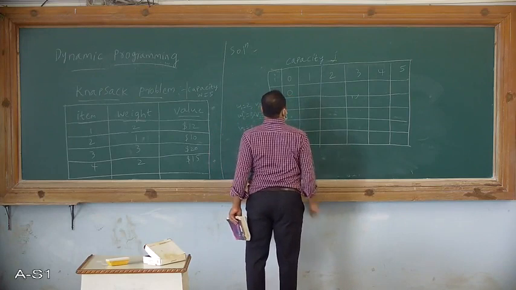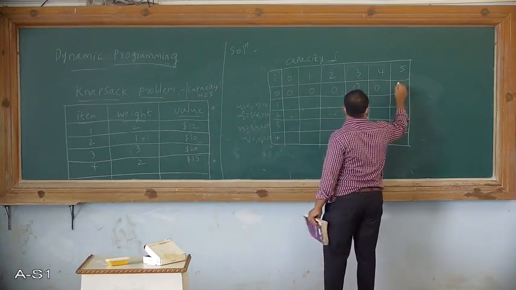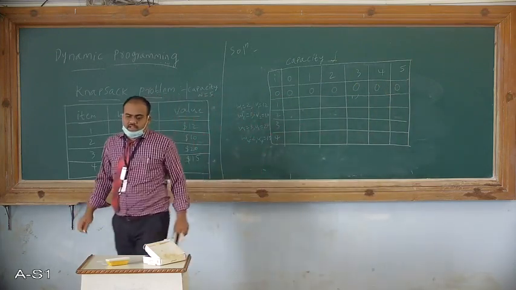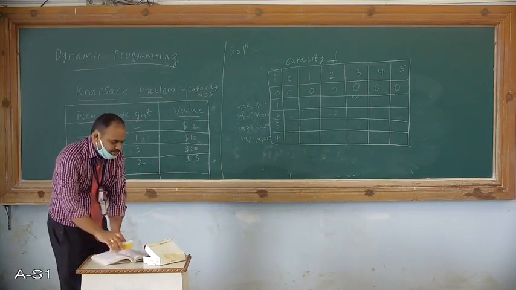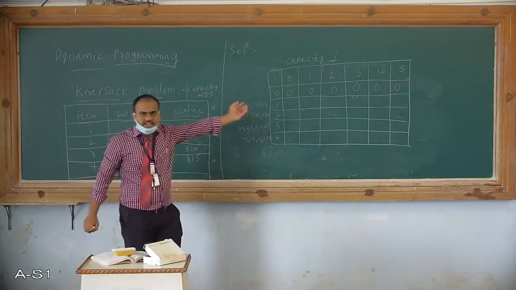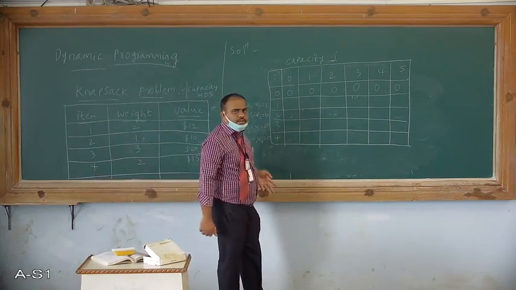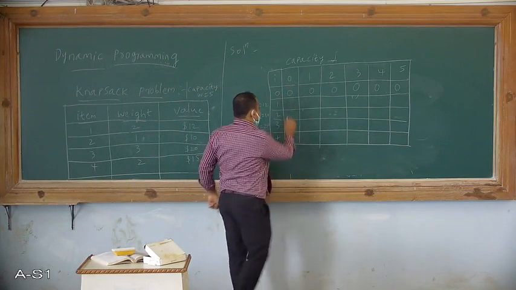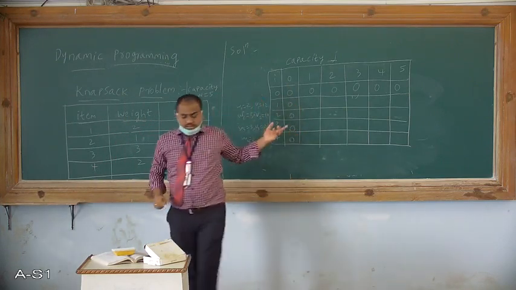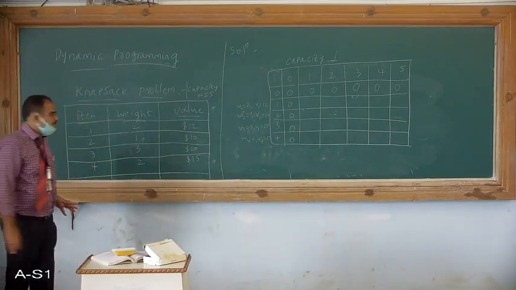I will get 0, 0, 0, 0, 0, 0. Why have I written 0? Based on our formula, if either I or J is 0, then we will write it as 0. Again, in this column, this is 0, so I will write 0, 0, 0, 0. Done. So I have written zeros over there and zeros over here.